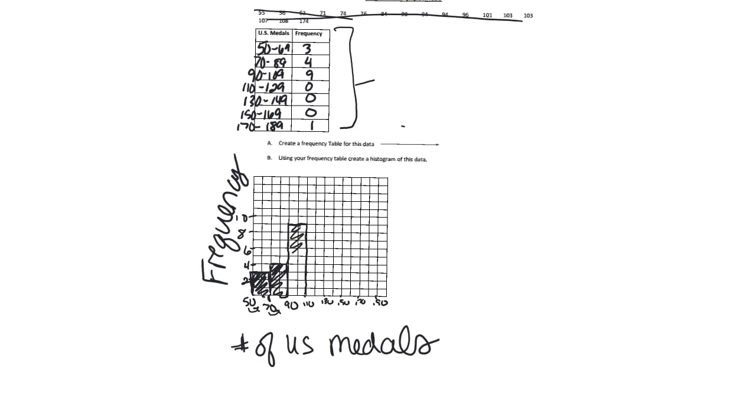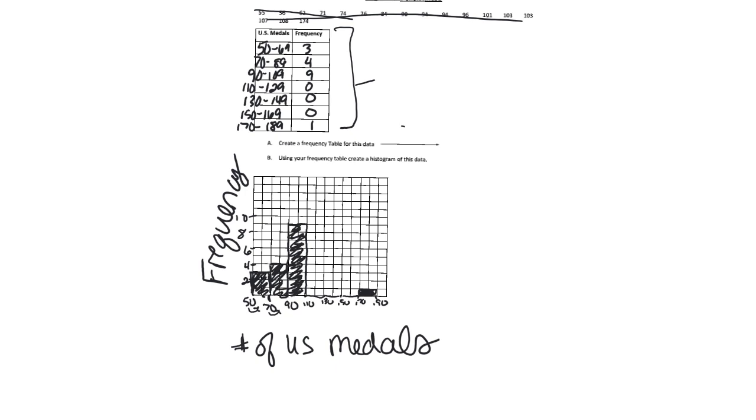So I draw it just like a regular bar graph here. And then I had 0, 0, 0, and then I had 1 in that 170 to 190 range.